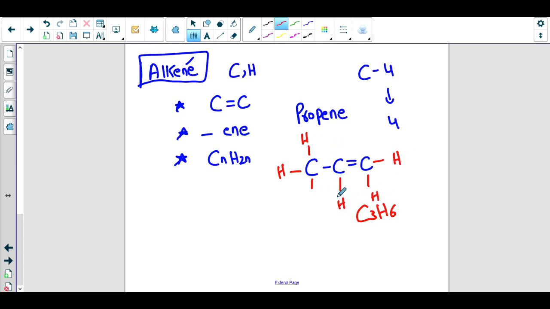Similarly, you can draw propene, butene, or ethene. You cannot have methene. Methene does not exist. Why? Because the condition is that you must have a carbon-carbon double bond, and in this it's not possible because meth is just one carbon, so you cannot make a double bond in that. So this is the second hydrocarbon series, which is alkenes.